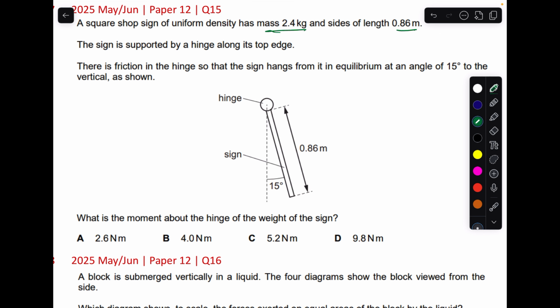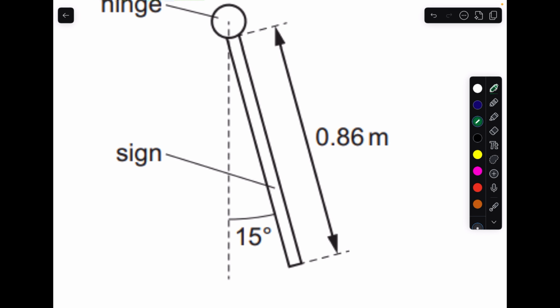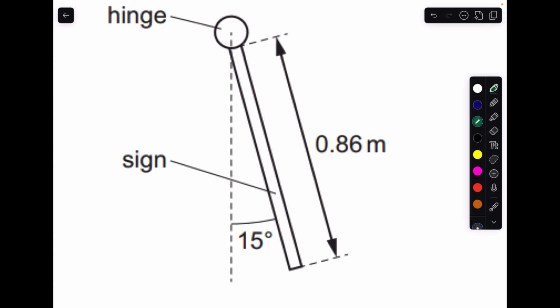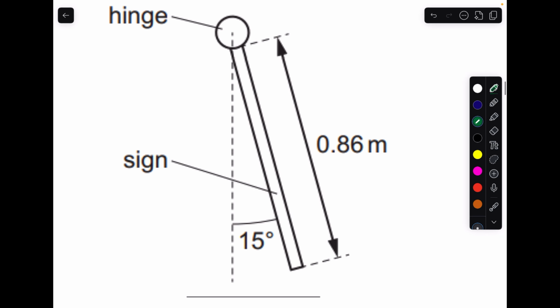So let's try to solve this. If you see, this is a uniform rod. If this total length is 0.86, this will be the point where the weight is acting, right? So I can say there's a force acting on it like this, that is its weight.